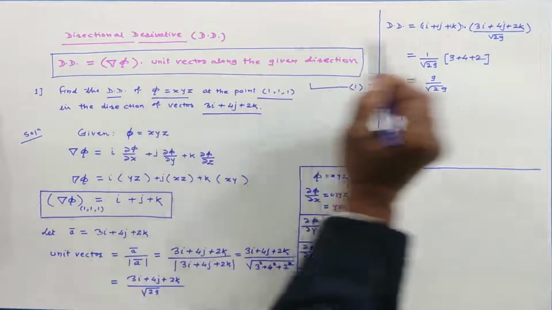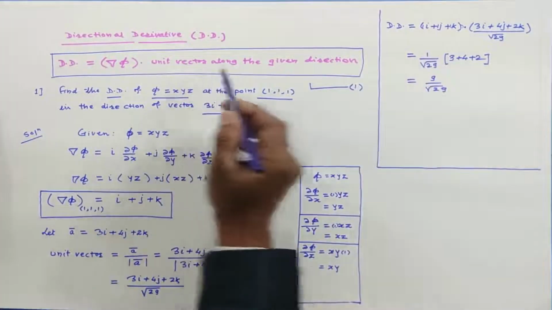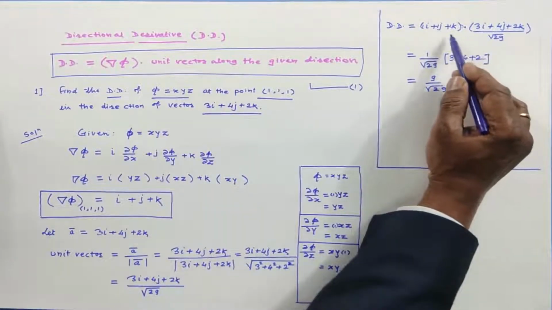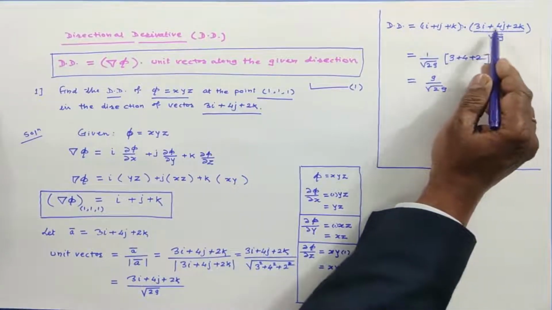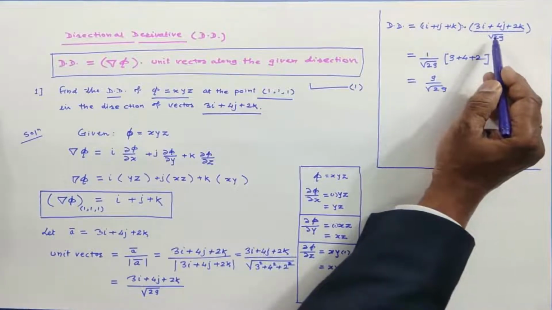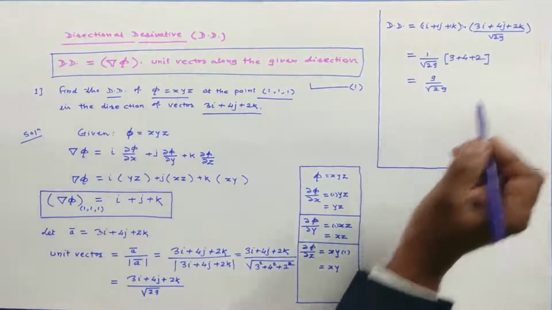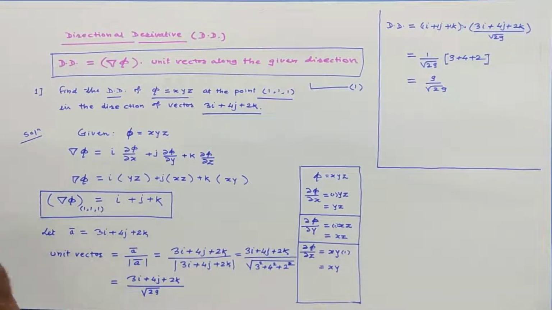I used this formula: gradient of phi is this thing, unit vector is this thing, and we take the dot product of the two vectors. In multiplication or division, when a scalar is present, that can be carried forward directly. This is the directional derivative of the given function at the point 1, 1.